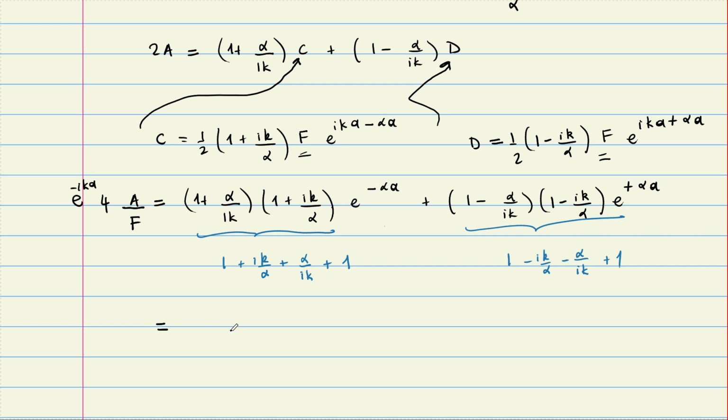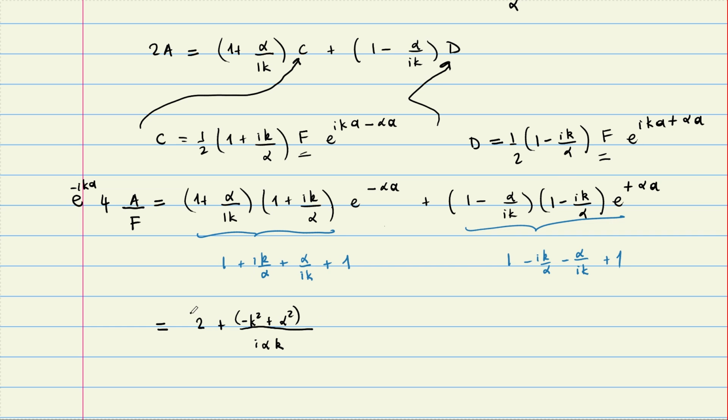This is going to be 2 plus, I also multiply this, this is going to be minus k squared plus alpha squared, divide the entire thing with i alpha k. Correct? Yes.